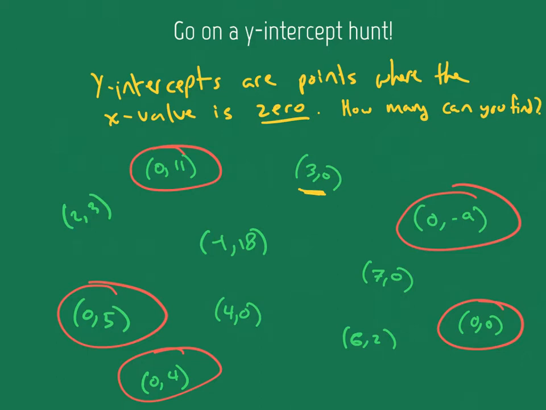So not that one, not (3, 0), not (7, 0), not (4, 0). None of those are y-intercepts. Those are actually x-intercepts, so we don't want those. But if you see a point where the x value is 0, you know right away that that's a y-intercept.